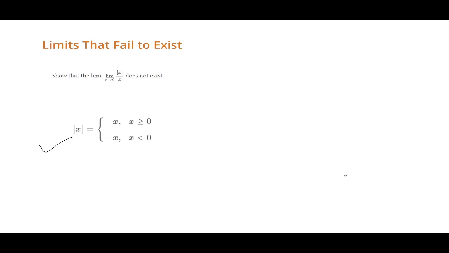Now we're trying to divide this absolute value of x by x. Then what do I get? If you divide, that gives you 1 on the top and negative 1 on the bottom, if x is greater than or equal to 0 and if x is less than 0, right? So this is the function we're talking about. It's always 1 if x is positive, and if it's negative, it's negative 1.